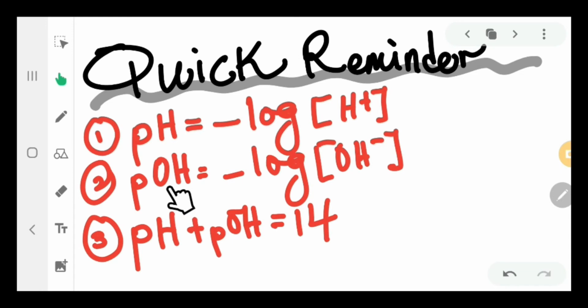And when you have the value of pOH, you can use that value to figure out the pH of the solution by using this relationship between pH and pOH.